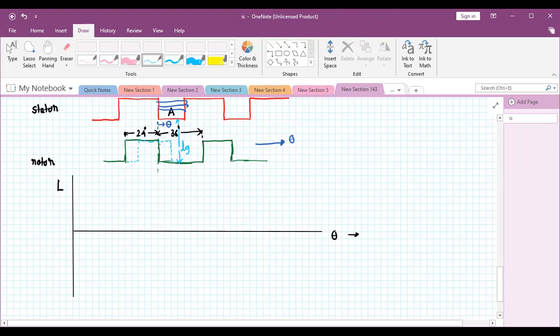Suppose this green hard line is the position of the rotor. Is it clear? Now after some time, this blue dotted line is the new position of the rotor. Then the inductance of this particular A phase is increasing or decreasing?